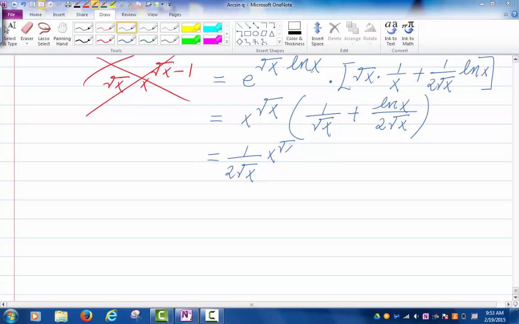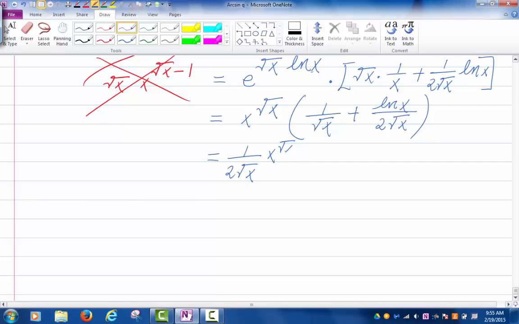We factored out 1 over root x and also a half, so because I factored out half, I'm going to get a 2. And from the second term, obviously ln of x is remaining. Is everybody okay with that? Is that algebra okay with you?